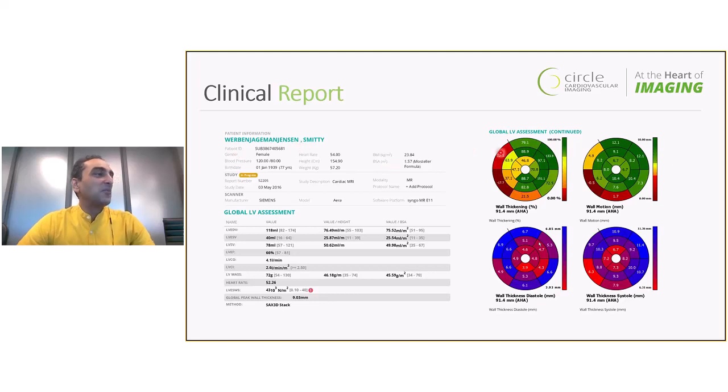We also have other metrics that show regional differences rather than a global measure such as ejection fraction. We can see different parts of the heart, essentially if there are any wall motion abnormalities or something like that. In case you're curious, this bullseye-looking map is a representation of the 3D left ventricle.